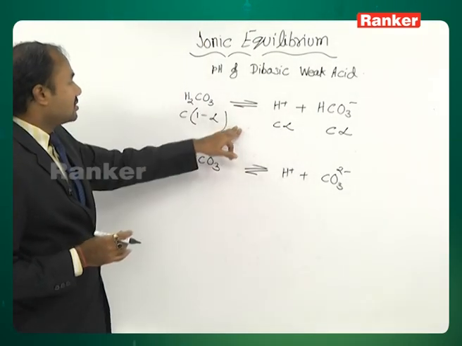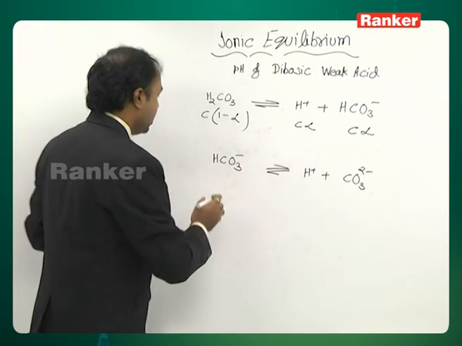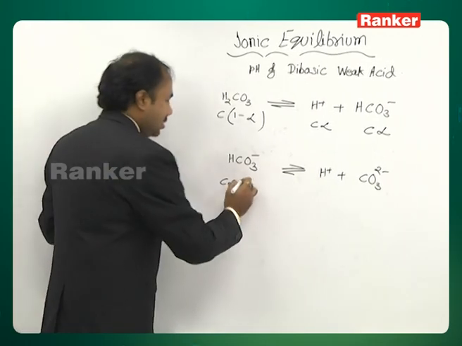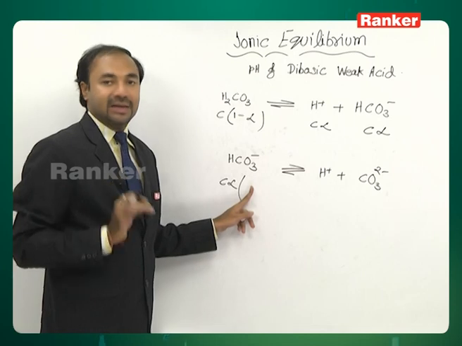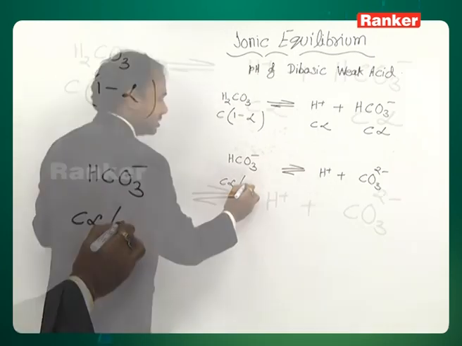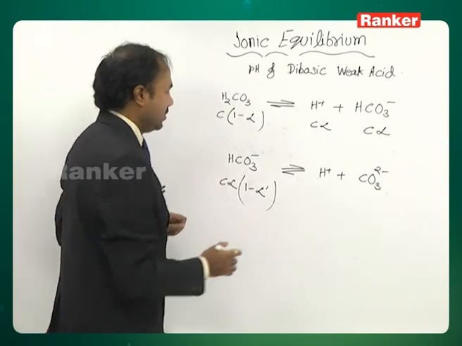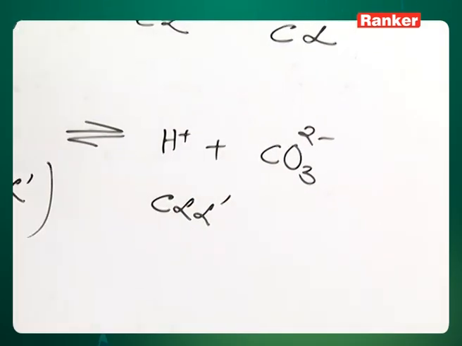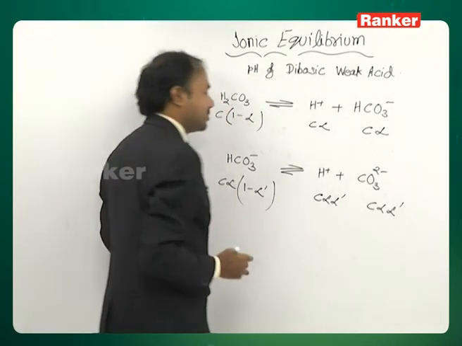Now concentration of bicarbonate ion in this solution will be C alpha. We assume degree of dissociation of bicarbonate ion is alpha dash. So it becomes C alpha into 1 minus alpha dash. Now we get H plus as C alpha alpha dash. Carbonate ion also will be C alpha alpha dash.